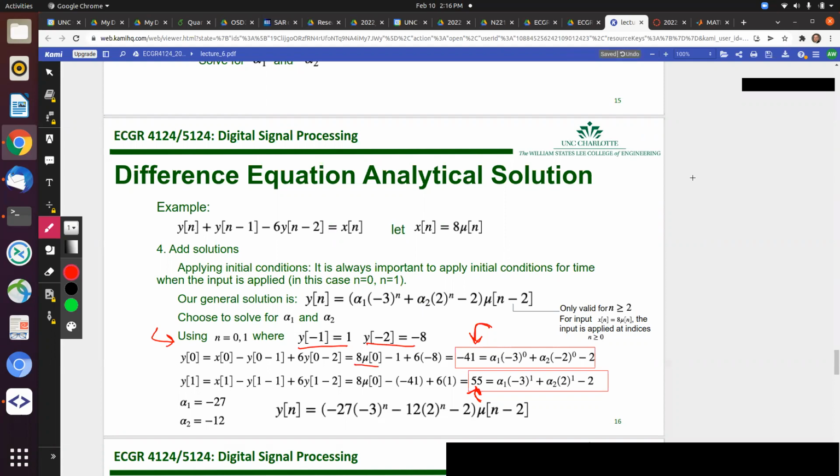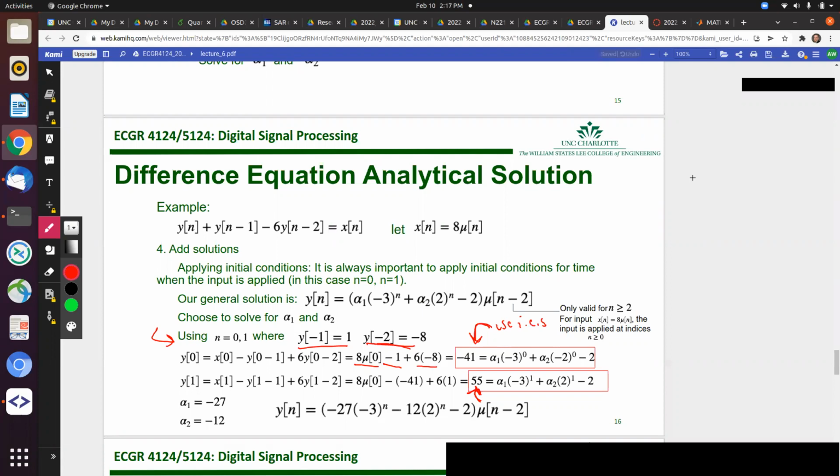Minus y of -1, y of -1 is 1, so that's -1. 6y of -2 uses this initial condition, so it's 6 times -8. So we use the initial conditions to determine this number right here, -41.